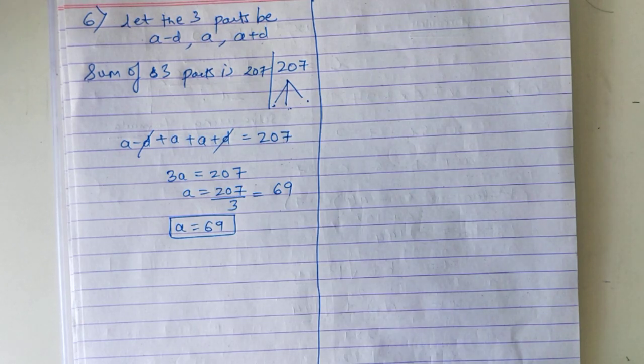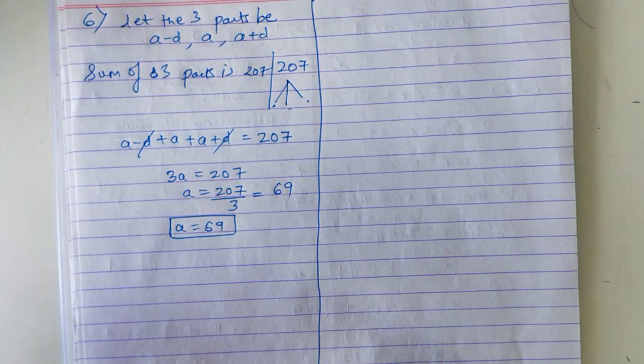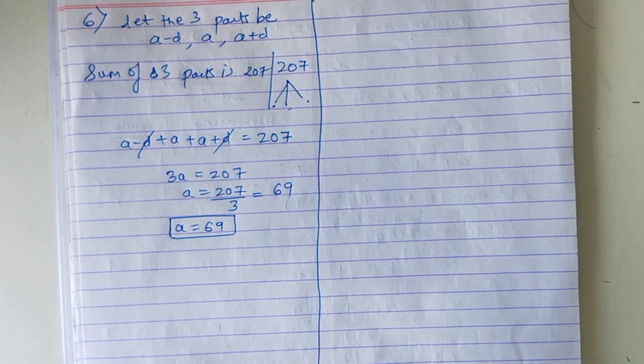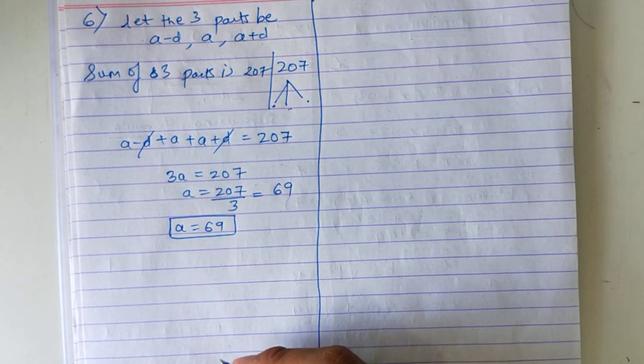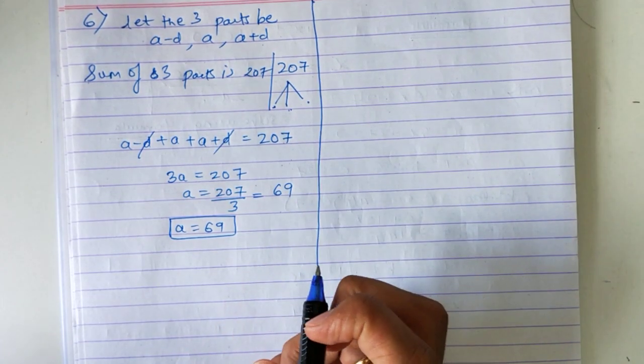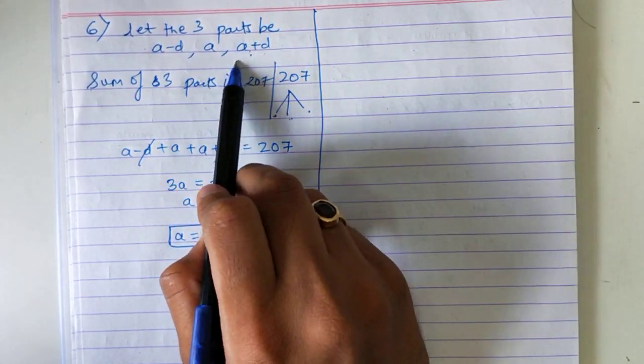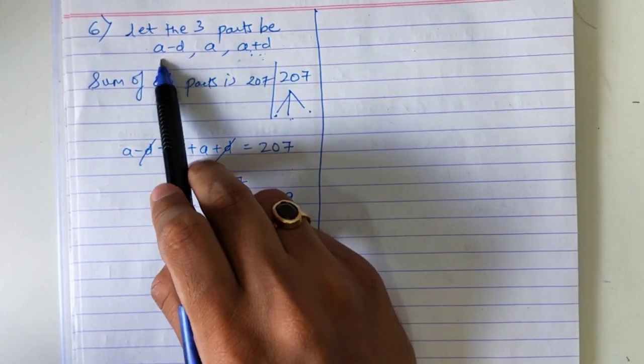Read the second part. Product of the two smaller parts is 4623. Product of the two smaller parts. See, these are the three parts. और इन तीन पार्ट्स में से सबसे बड़ा पार्ट ये है, सबसे छोटा पार्ट ये है.